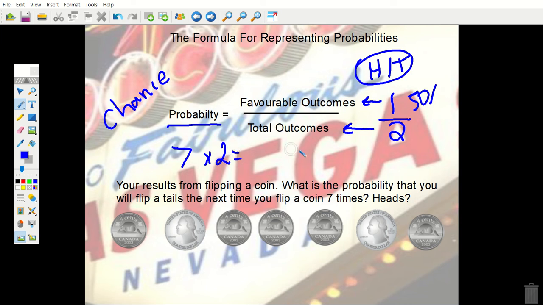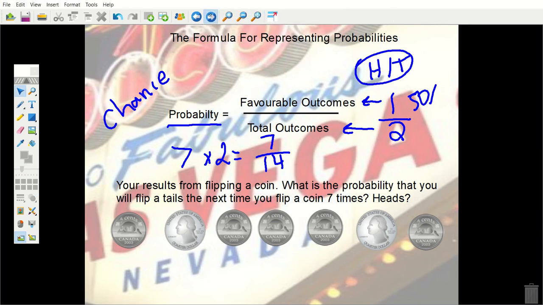So therefore, if you were to flip a coin 7 times, there are 14 total outcomes. If I were to ask you this time, what is the probability in those 7 flips that you would flip a tails? Well, tails comes up 1 time in each of the 7 flips, so therefore 7 in 14 chance you would flip a tails.